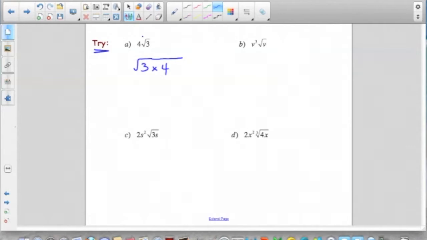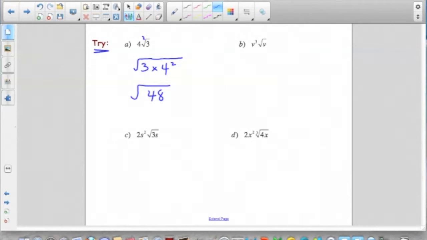And remember, there's an invisible 2 there. It's not shown, but we know it's a square. So we get out our calculator and we type it in, and we know that 3 times 16 is 48. So the answer is 48. The entire radical is 48.